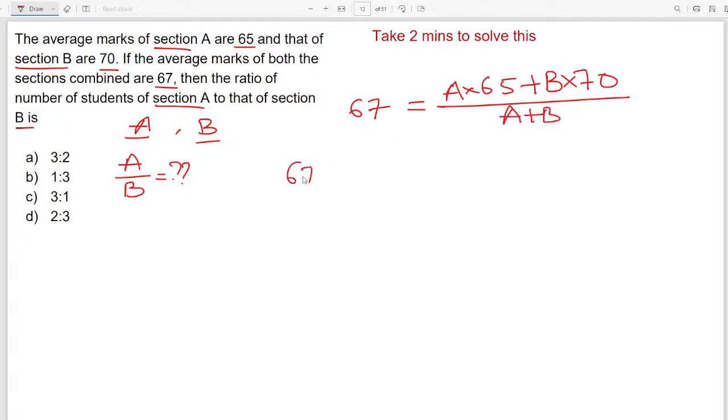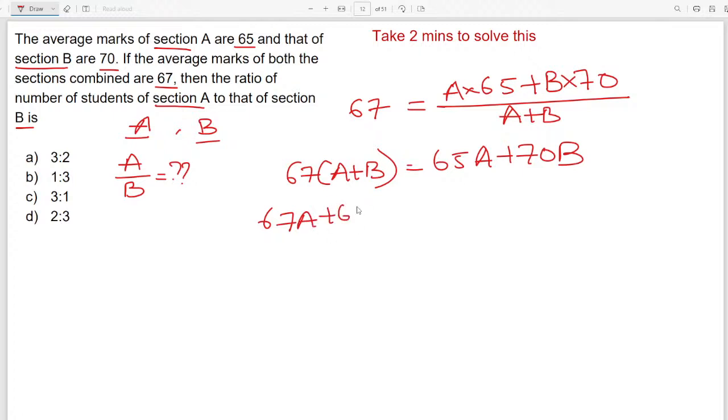This will be 67 times A plus B is equal to 65A plus 70B. I'll open this bracket here. 67A plus 67B is equal to 65A plus 70B.